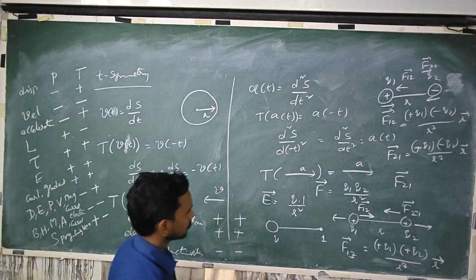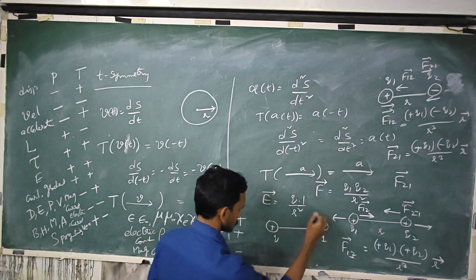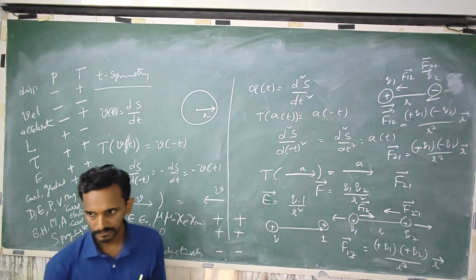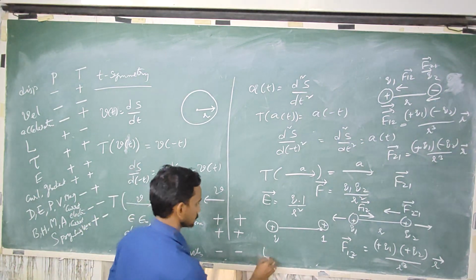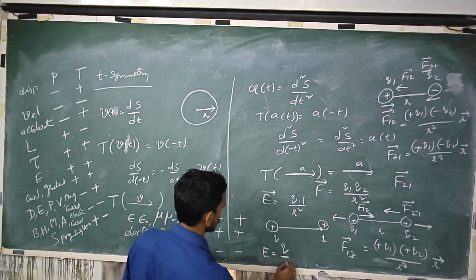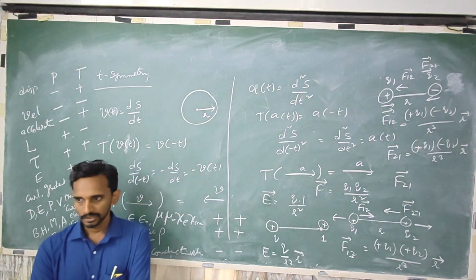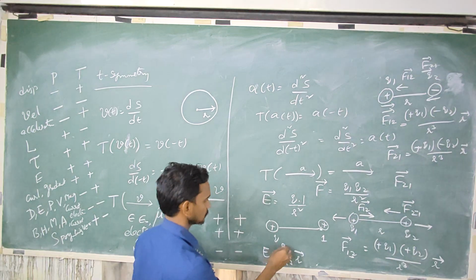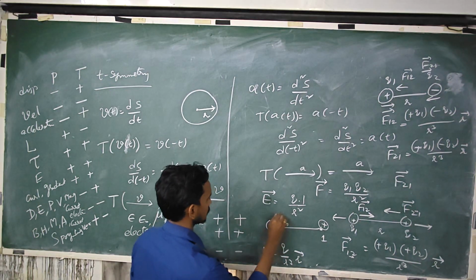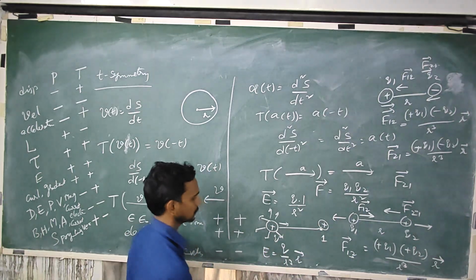So coming to electric field, we have only one charge and one test positive charge. So the electric field direction is given by what? So E also can be written as Q by R cube followed by radial vector. So here the direction of vector is controlled by sign of the charge. If the charge is positive, radial vector is directed away from the charge.